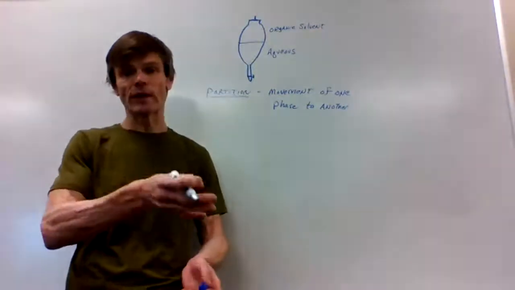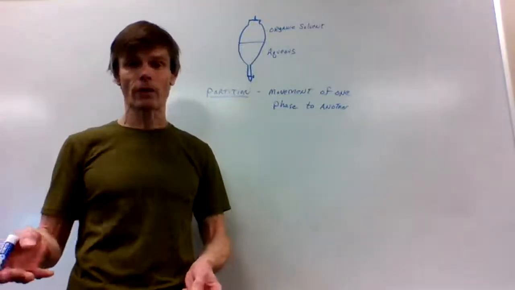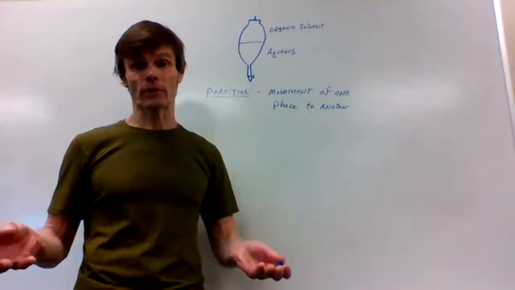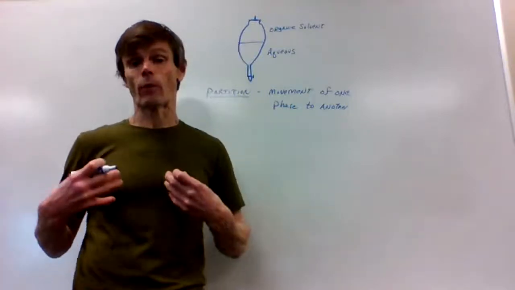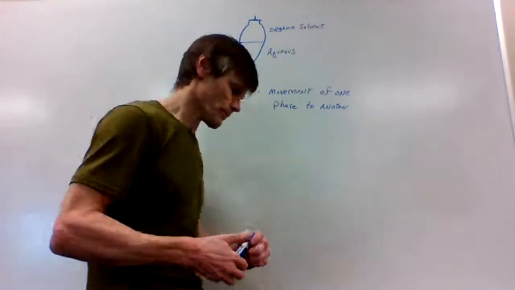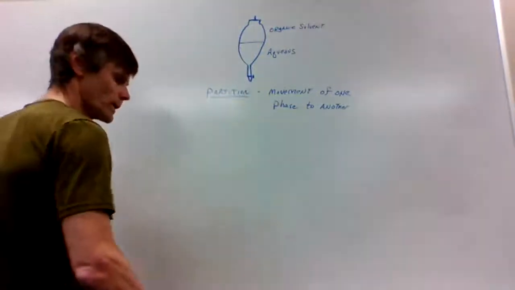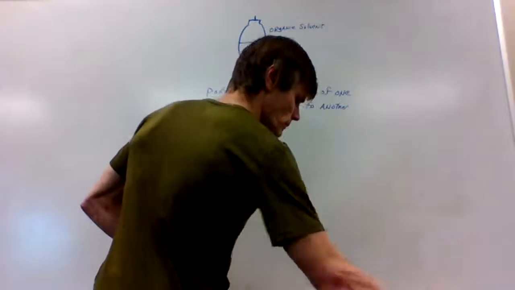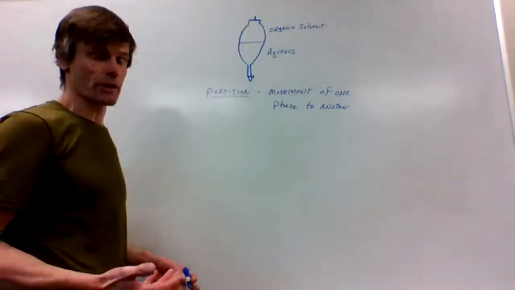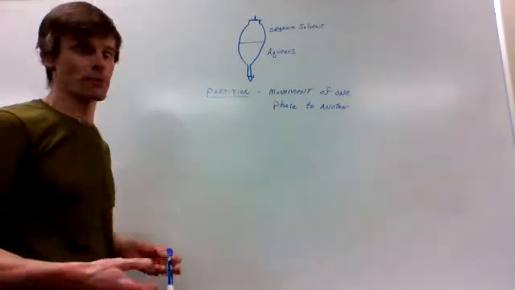And hopefully, if we can move it from one phase to another, we can isolate it, and we're going to separate it from interfering species or from anything that we want or don't want from an organic chemical reaction. So what we measure in terms of the process that's occurring is an equilibrium.